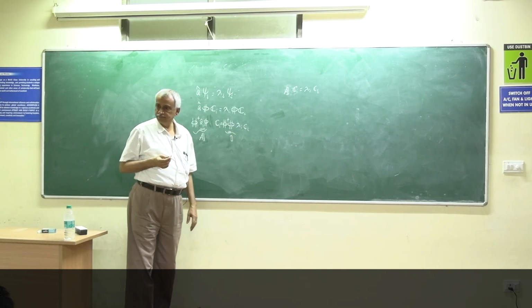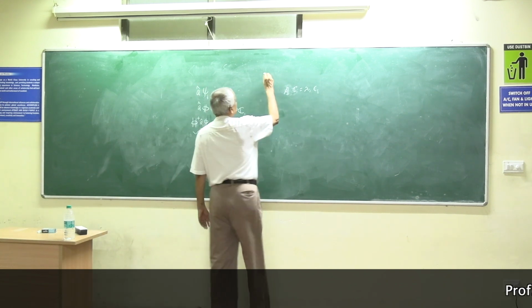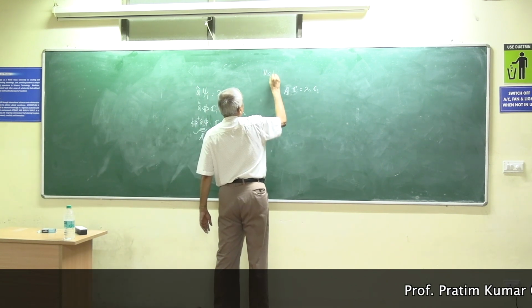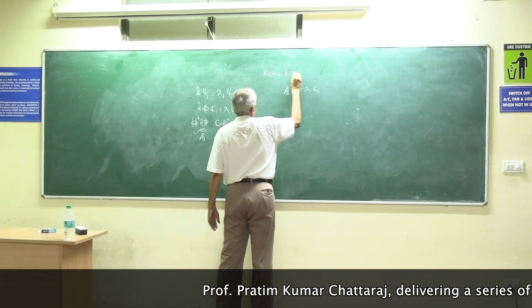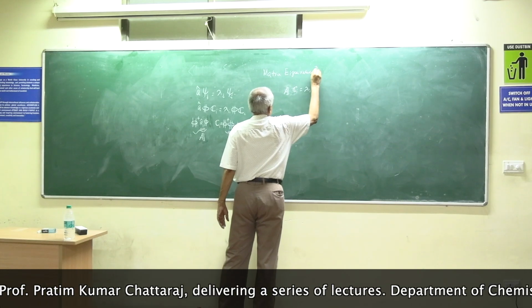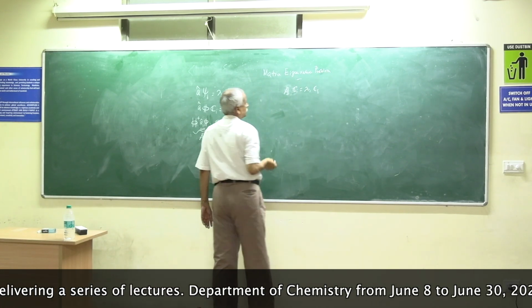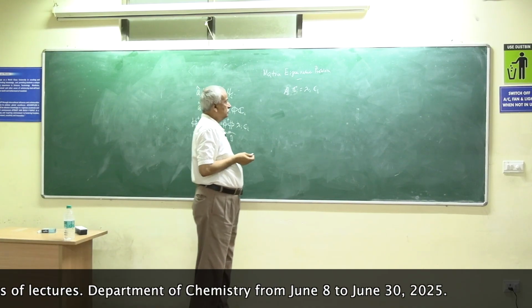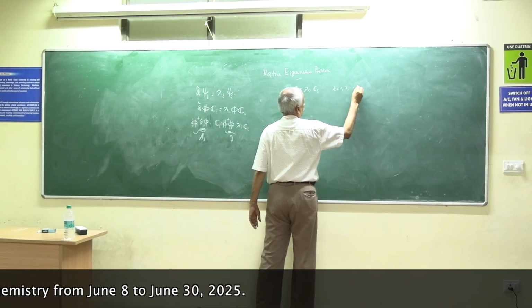Perfect. So this is actually what we call the matrix eigenvalue problem. And here your i is 1, 2 up to n.